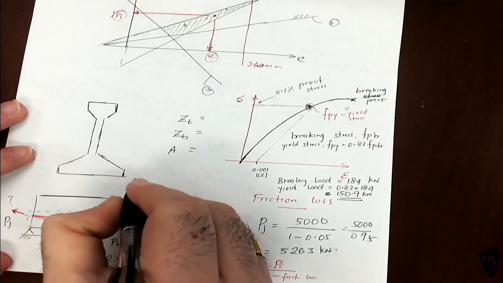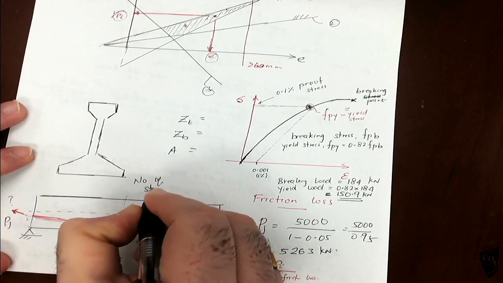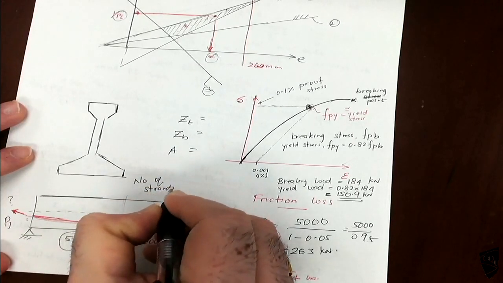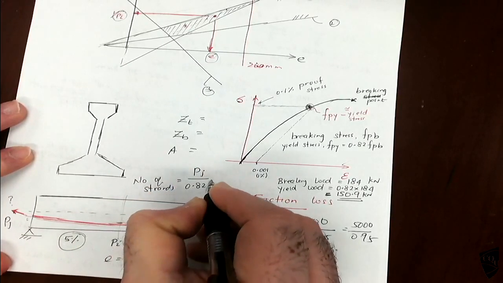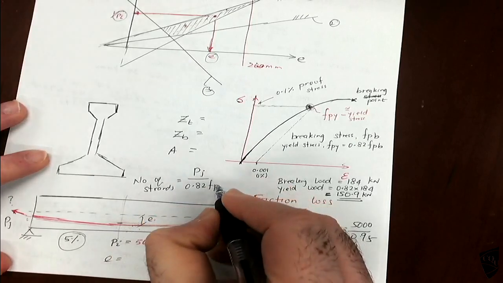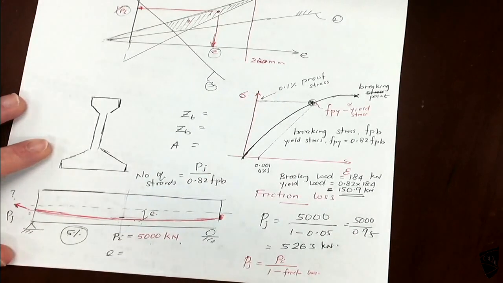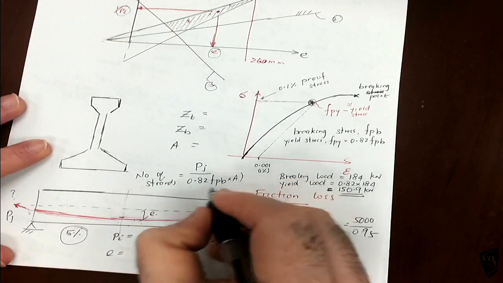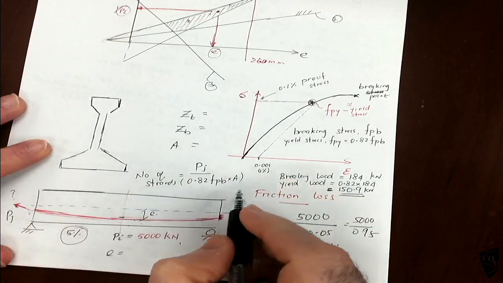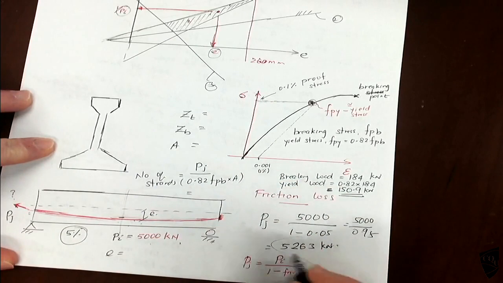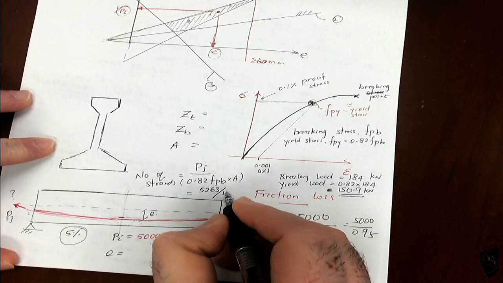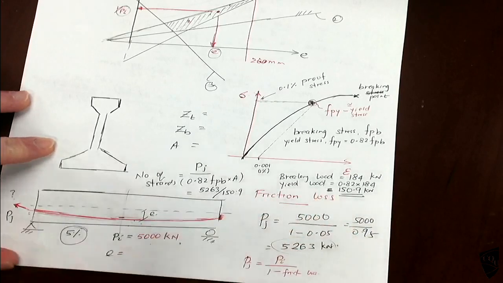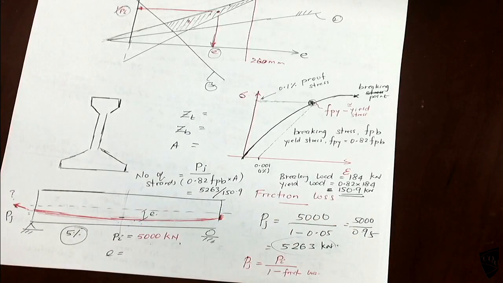So the number of strands times the area, the load. In this case, what is the Pj? 5263. The load is 150.9. So you should be able to find out how many strands you need.